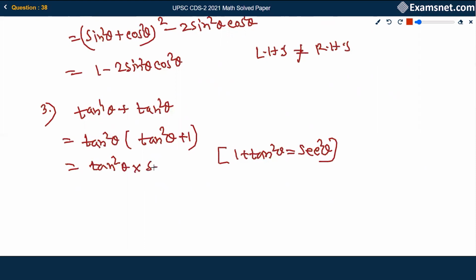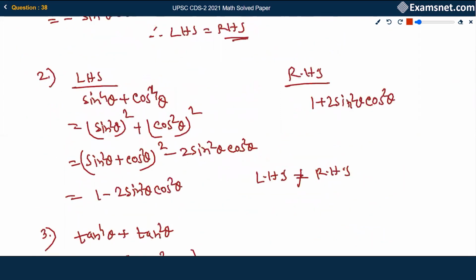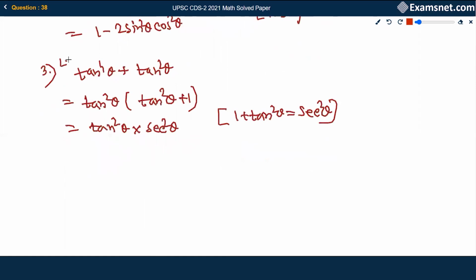Tan square theta multiplied by sec square theta. Next, sec to the power 4 theta minus sec square theta. Okay, this one is coming from LHS. Now let's write RHS.